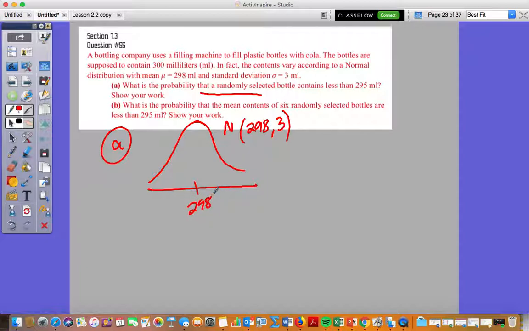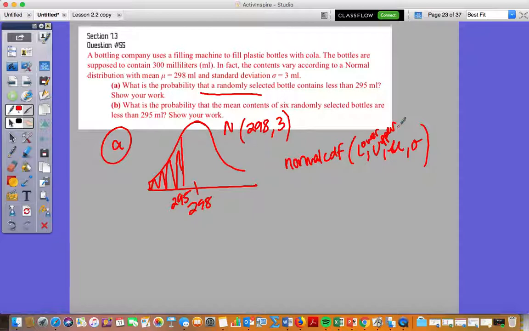Some of you then went to 295 and highlighted the less than. It really made my heart jump with joy when you then went to normalcdf. And what should I put? Lower, upper. You can't be lazy. And you could put mean and standard deviation.